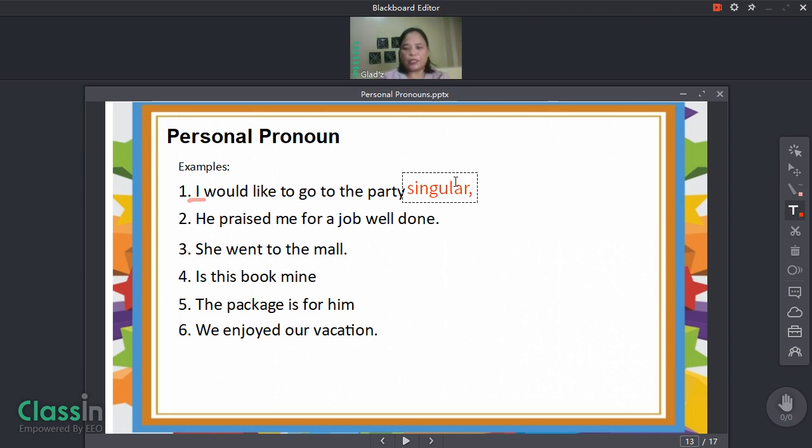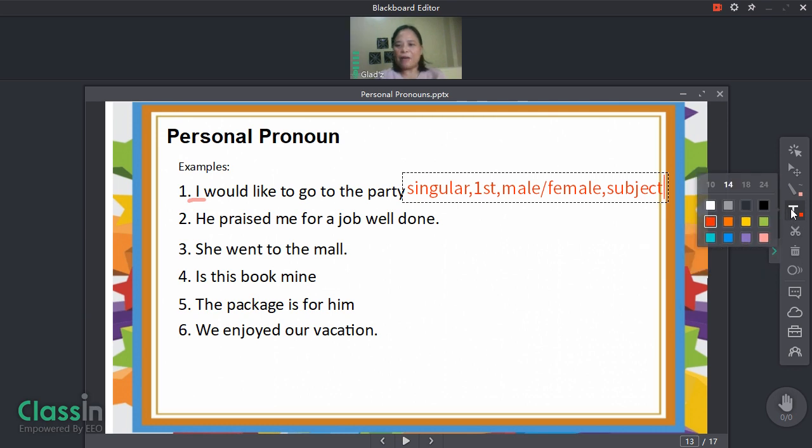It is considered the first person. How about the gender? Gender could be male or female, so we cannot say whether it is male or female. And the case of the pronoun, how it is used in the sentence? Obviously it is used as a subject in the sentence.